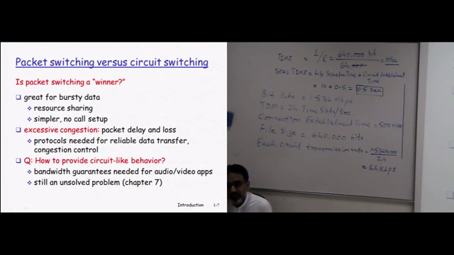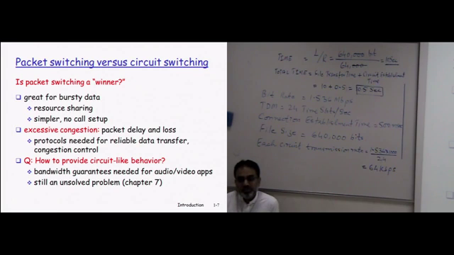How do we provide circuit-like behavior if we need a guaranteed data rate or guaranteed bandwidth over a packet switched network? For example, on the internet, if you need the properties of a circuit switched network, what is the solution? Bandwidth guarantees are needed for some applications. For audio and video applications you can't afford delay. As on the telephone network, at the same time you are talking, the other party is hearing your voice.